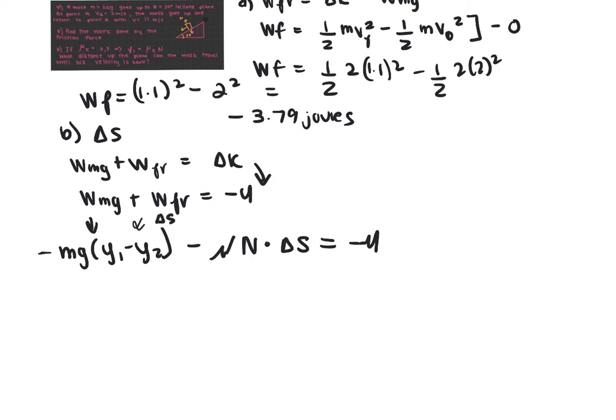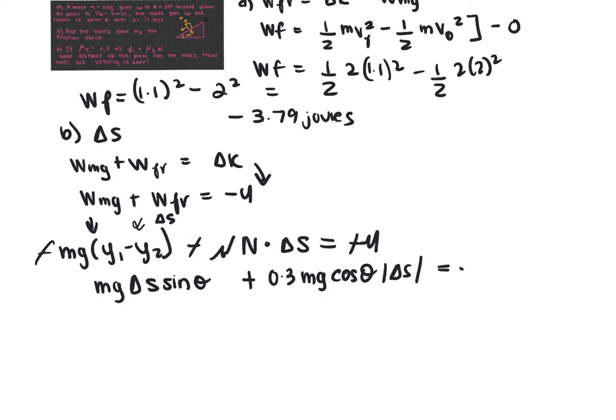So what we would have is mg displacement of S with the sine of the theta minus, actually we're deleting all the negatives, so plus 0.3 because that's the normal force times mg cosine of theta times the displacement of S equals negative 4.